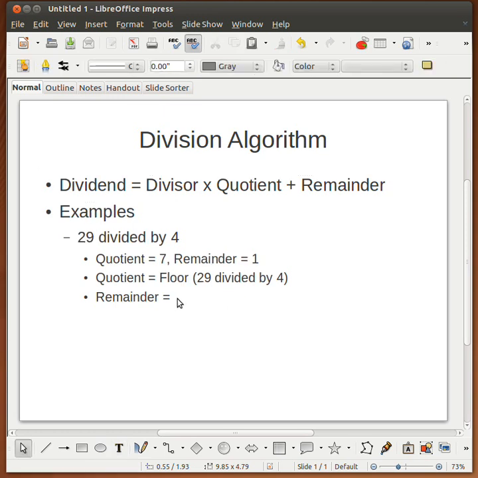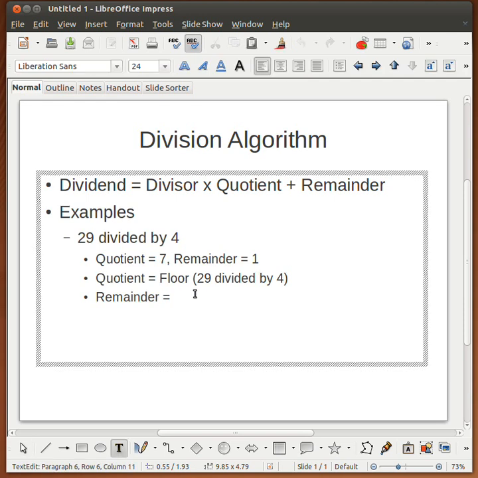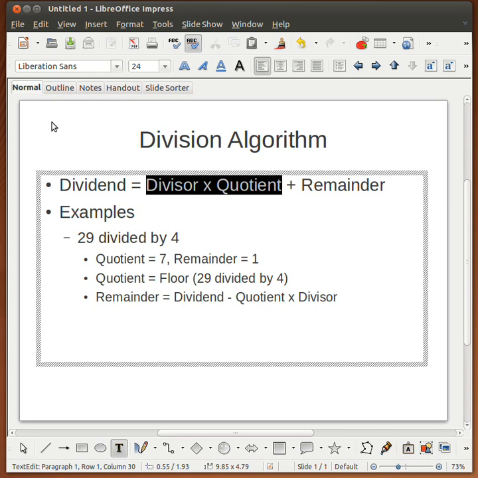So you would write remainder equals dividend minus quotient multiplied by divisor. Essentially it's the same as saying from this equation you've moved this to the left hand side and it became dividend minus divisor times quotient equals remainder, which is pretty much what I wrote over here.